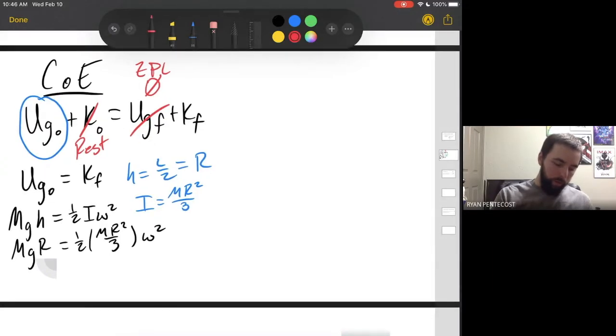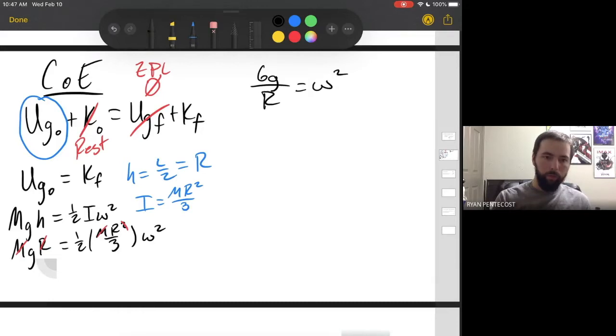So we can see right off the bat that those m's will cancel. One r will cancel. So let's simplify this. We'll multiply that 1/2 over, so you get 2g. Multiply the 3 over also, so you've got 6g divided by r equals omega squared.